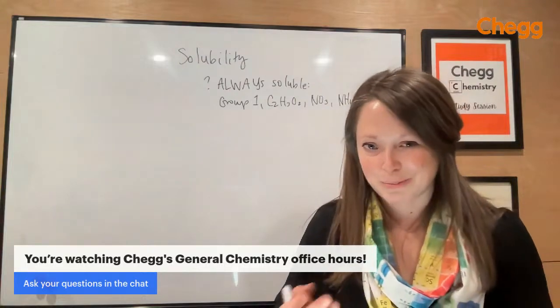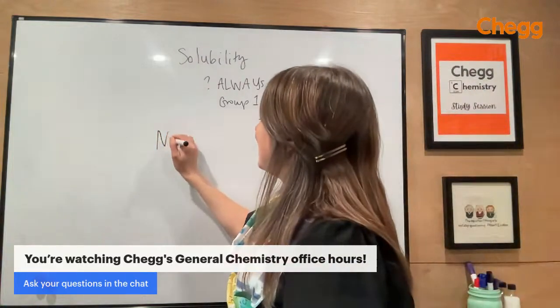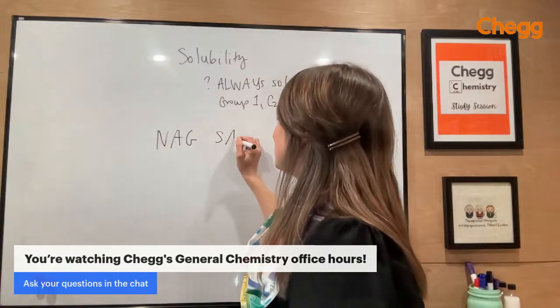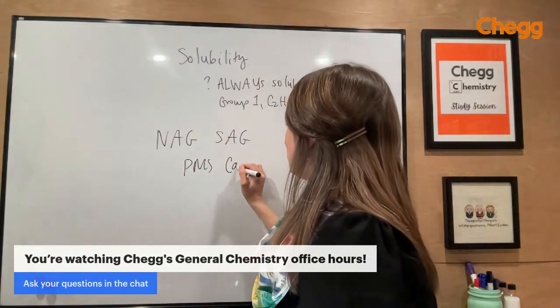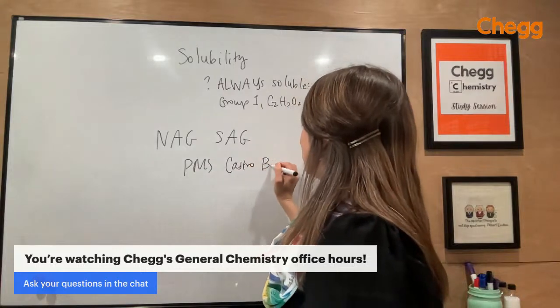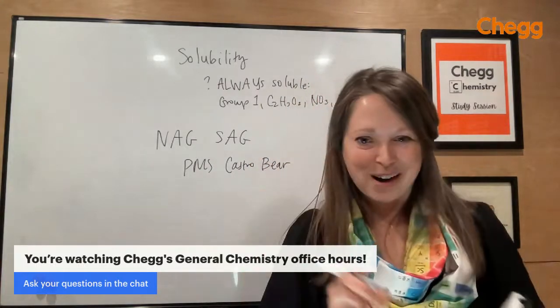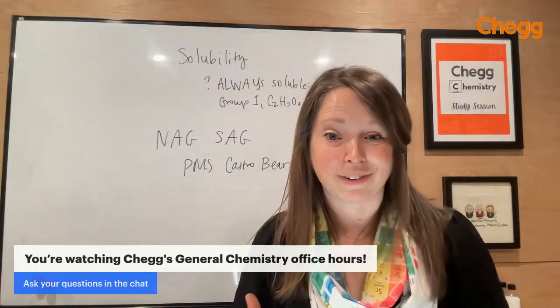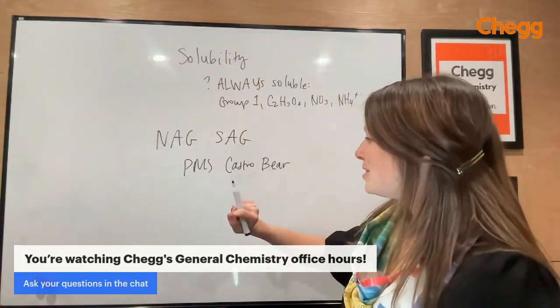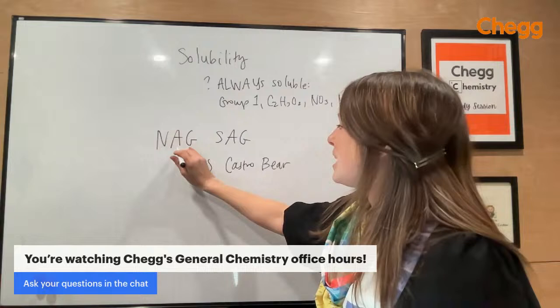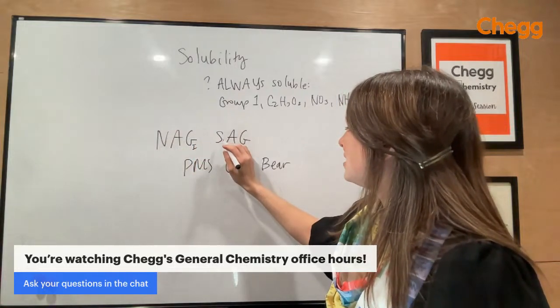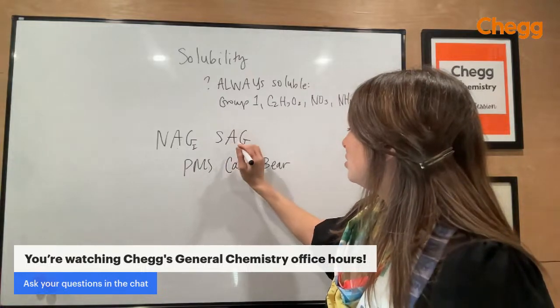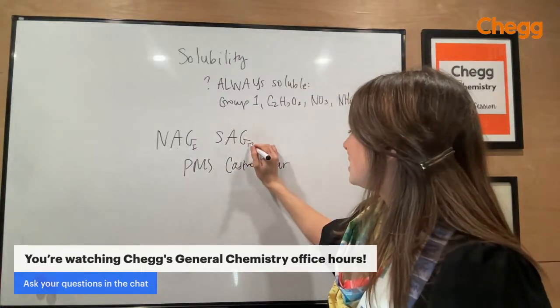There is a more specific mnemonic too, and that is NAG, SAG, PMS, Castro, Bear. I know Chegg has some great videos about this mnemonic specifically. So this is what is always soluble: nitrates, acetates, group 1, sulfates, ammonium, and group 17.